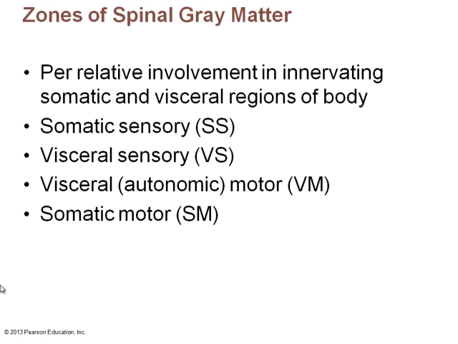Visceral sensory coming in from your internal organs. Visceral autonomic motor coming out, going to those organs, yes? And then somatic motor coming out and going to the muscles, yes? So see the difference?